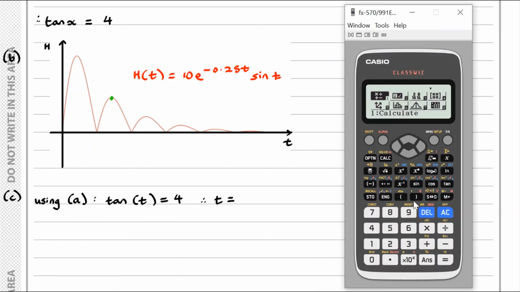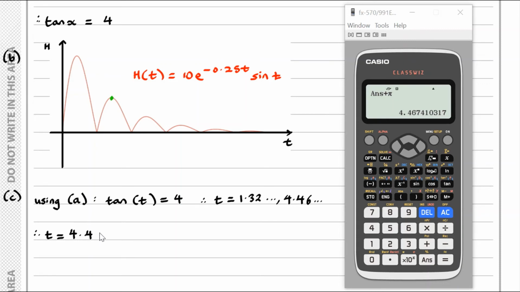First of all, make sure that you're in radians. So let's just quickly change the angle unit. So we have the inverse tan of 4, that would be 1.32, etc. And then if we add on pi, we come out with 4.46, etc. And therefore, the value of t we require would be 4.46, etc. And this is for the bounce we require.